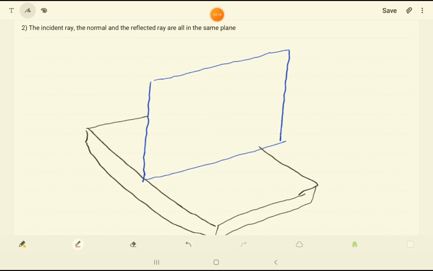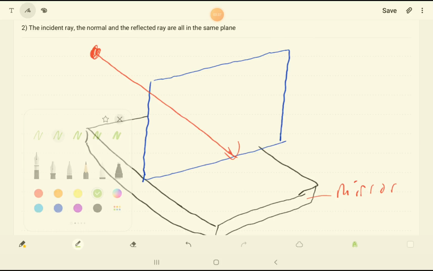For the second law, when it says that the incident ray, the normal, and the reflected ray are all on the same plane, if you think about the blue box here as the plane, this of course would be your mirror, so this is what's doing all the reflecting, and I have my source from which my incident ray comes over here.